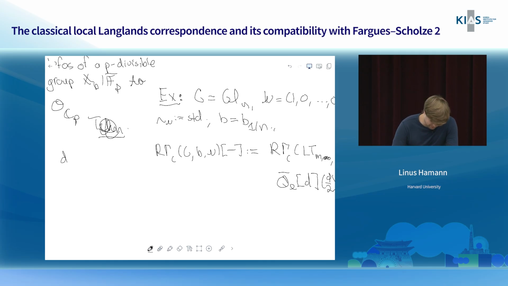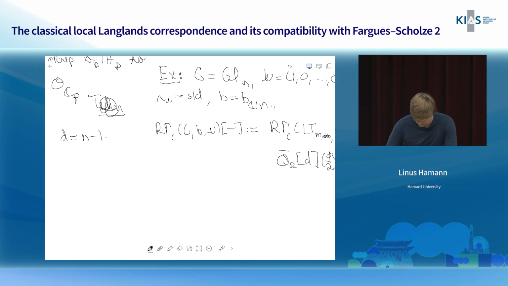This is essentially just the dimension of this space, which in this case will be equal to n minus 1. And then you take the colimit of these spaces indexed by m greater than or equal to 1.